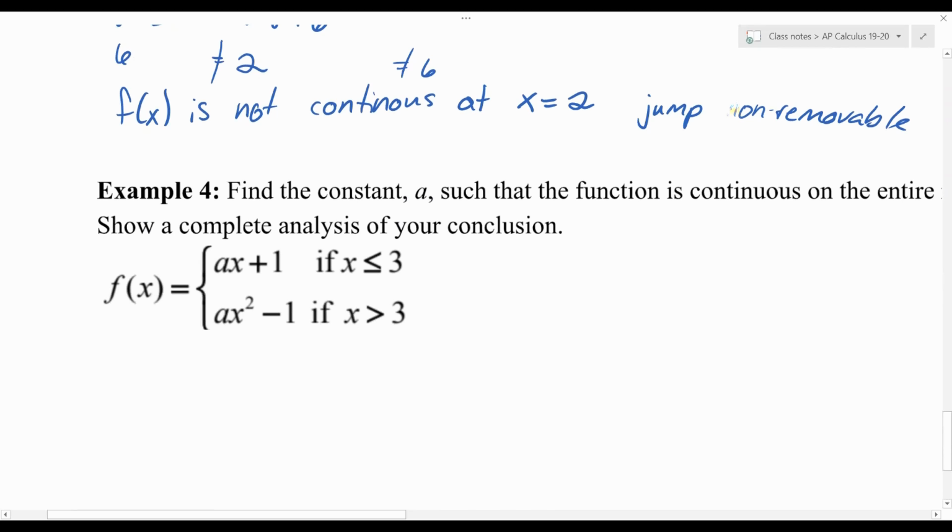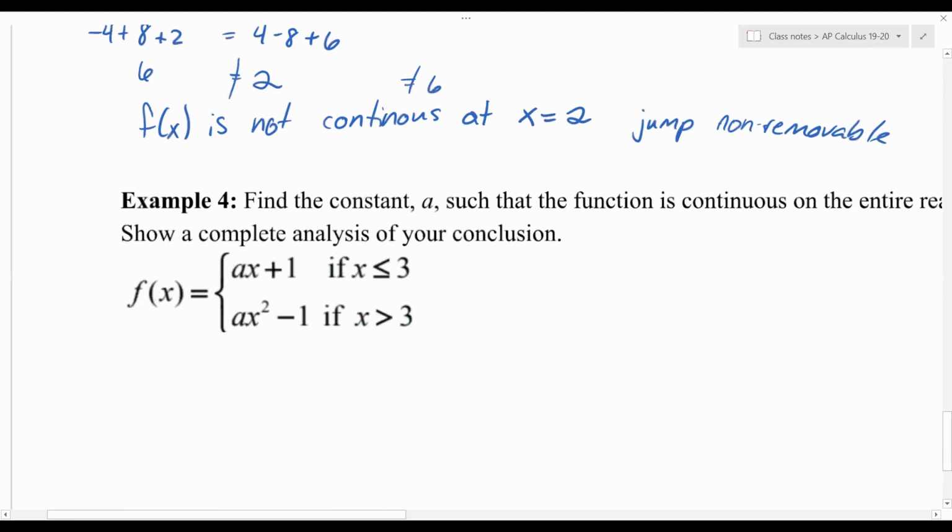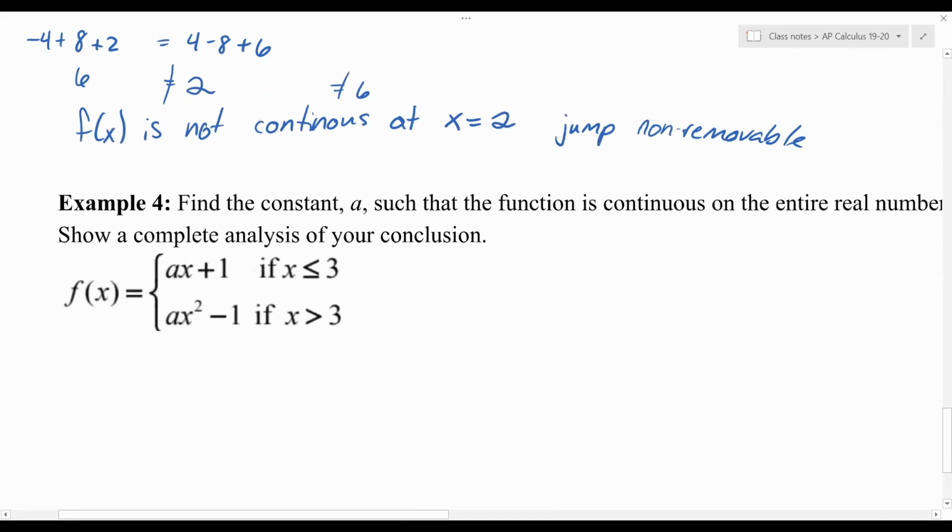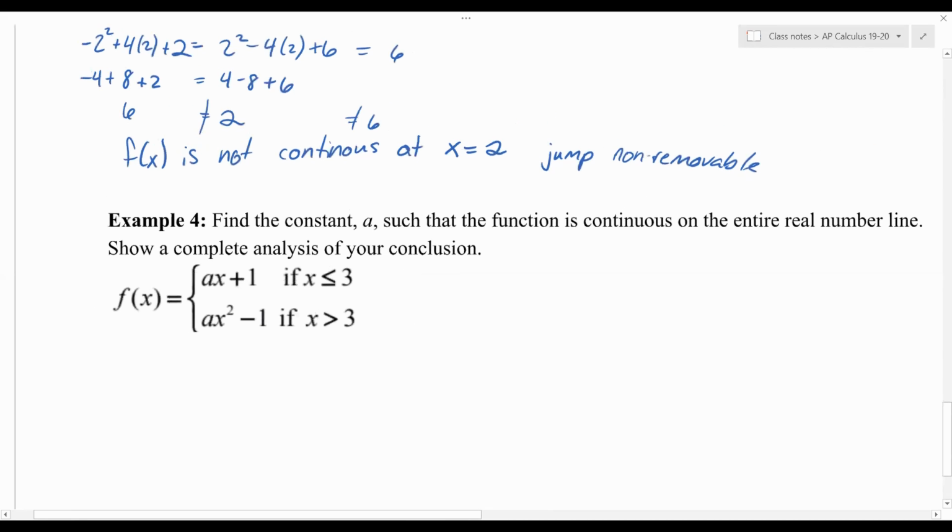Finally, we can have questions that look like this. Find the constant a such that the function is continuous on the entire real number line. Show a complete analysis for your conclusion. So to do that, we need to write all 3 parts of our definition. The function is continuous at that value.